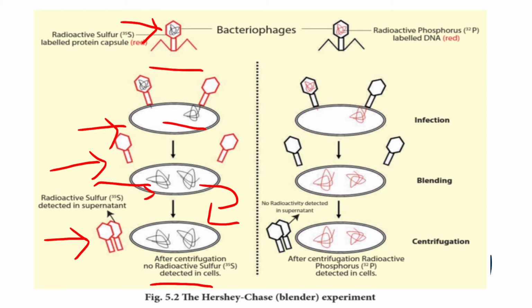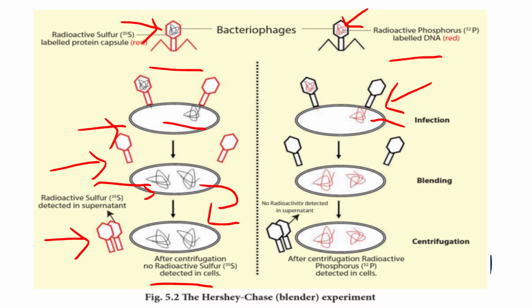In the same way, they took phosphorus-labeled phages, with the label in the genetic material. You can see the red color inside the bacteriophage. The same thing happens: adsorption takes place in the culture medium, and with a slight blending, like in a mixie, a slight shaking takes place.